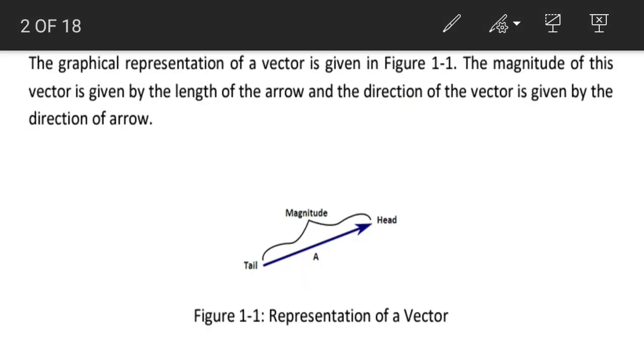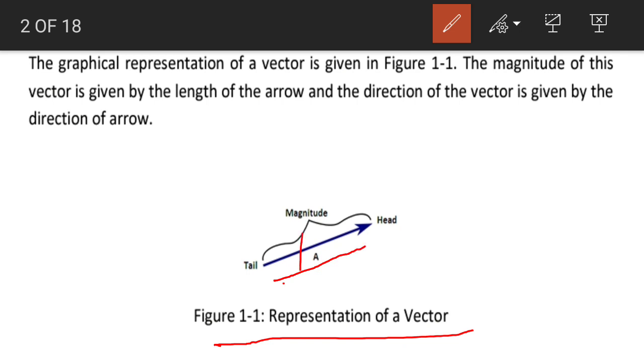Let us talk about the graphical representation of a vector quantity. So the graphical representation of a vector quantity is shown in figure 1.1. The magnitude of this vector quantity is given by the length of this arrow.